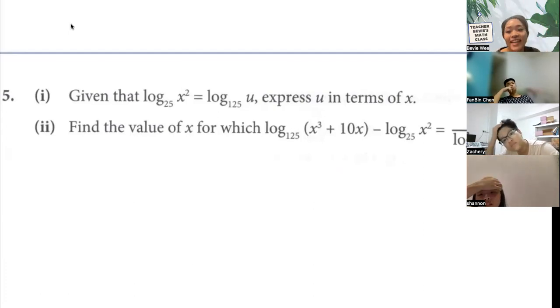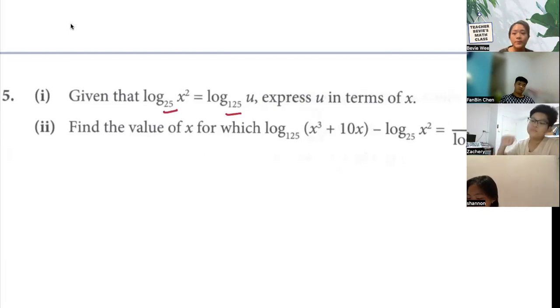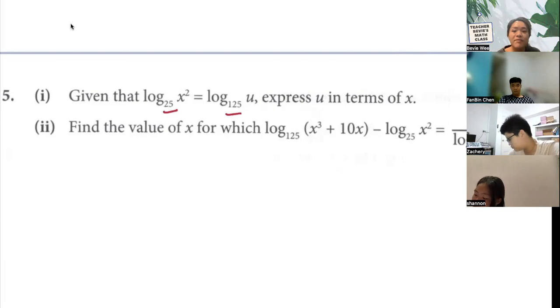Very good. I can go with base 25, but you realize that 25 and 125 have a common thing. I would always choose the smallest one. So Shannon made a very good point. We will change all to base 5. Can you all help me do that first?